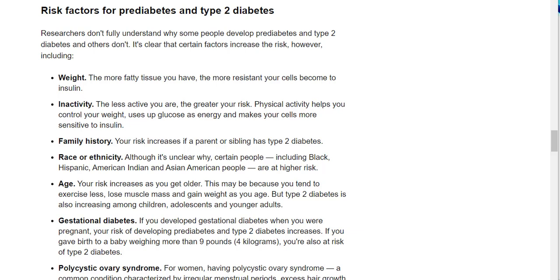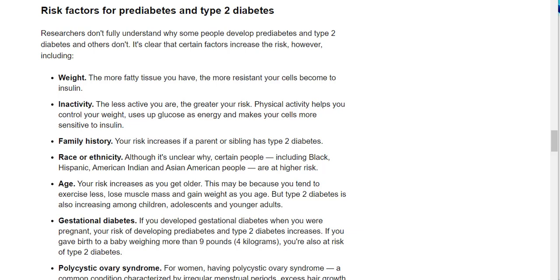But as you see here as well, and you heard me mention before, type 2 diabetes is also increasing among children and adolescents and younger adults because of how our culture is going, where there are a lot more activities that don't require as much physical activity, and also because of the types of foods we are eating.